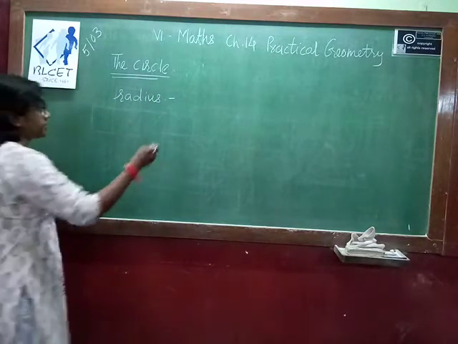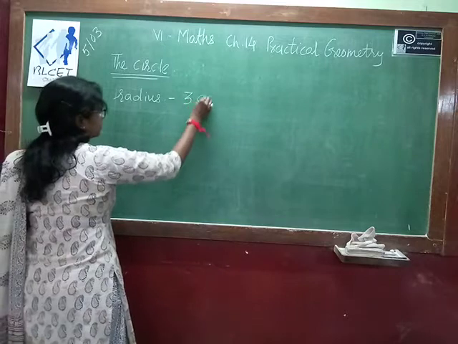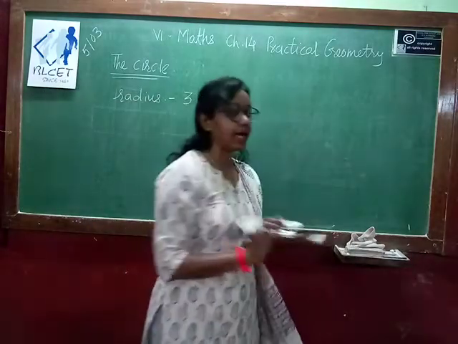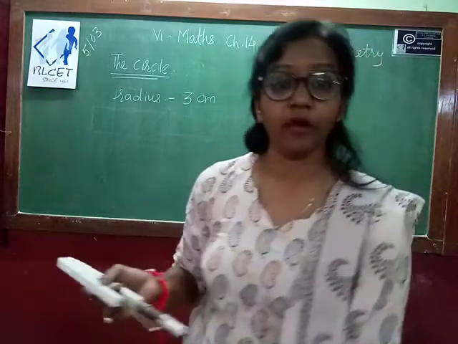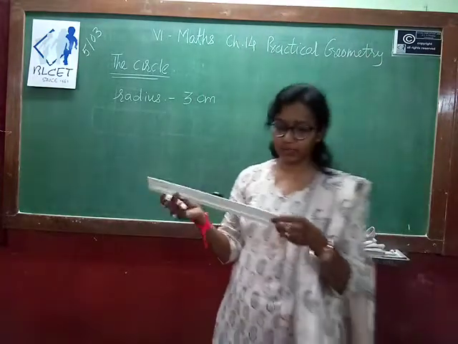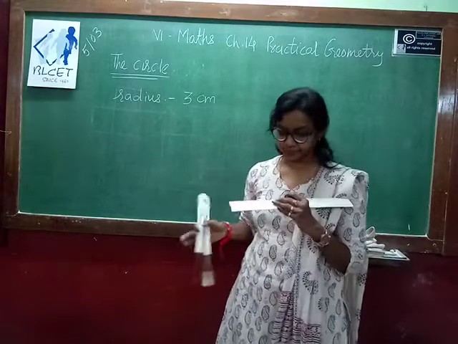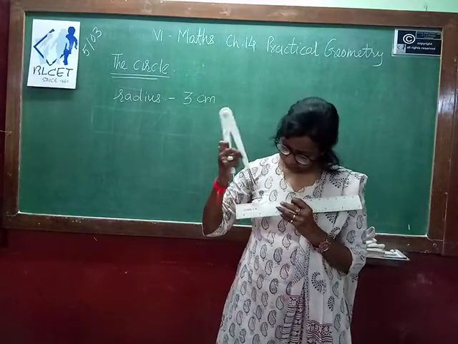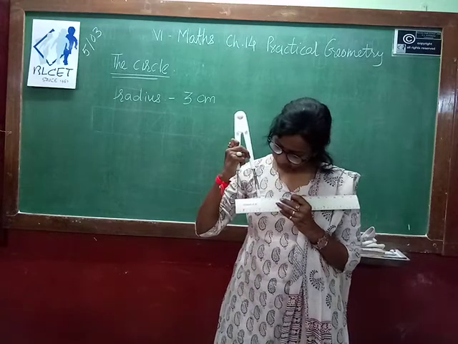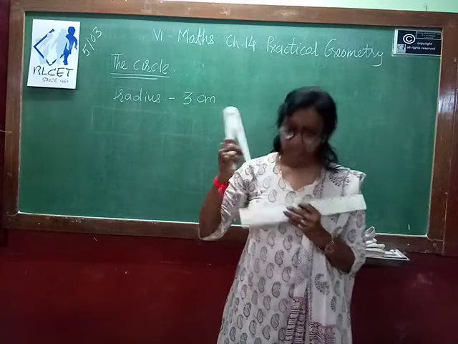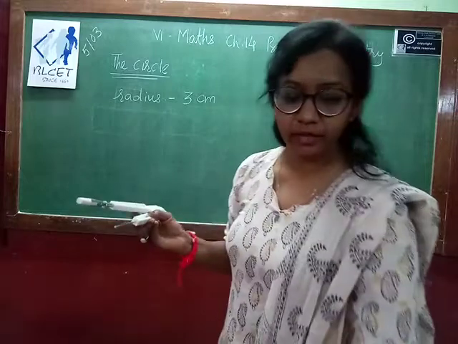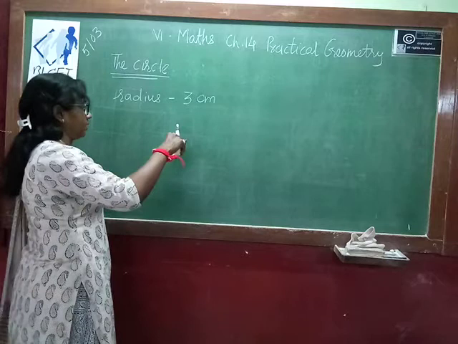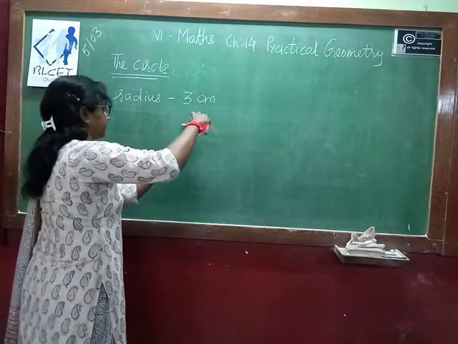Suppose your radius is 3 cm. So how will you draw the circle? On your scale, with the help of the compasses, you have to measure 3 cm like this. This is your 0 to 3 cm. So this is now 3 cm. So what you have to do? You have to draw the circle. Keep your pointer like this.